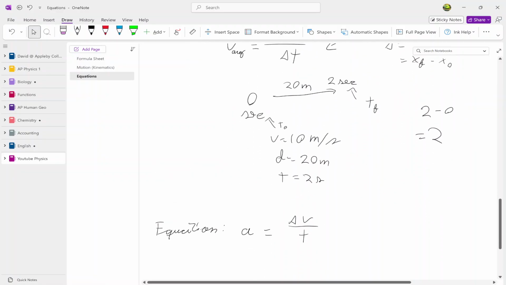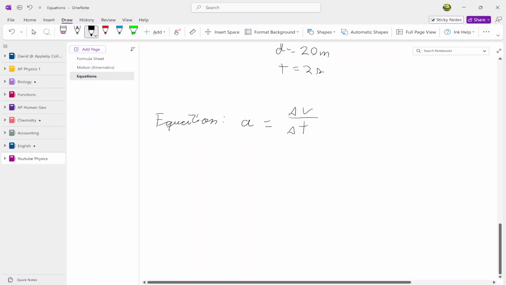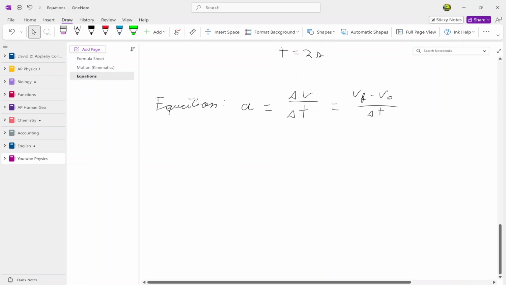It's very similar, and you'll see that a lot of the equations tend to be similar in a sense. This can be rewritten as v final minus v0, over delta t. And remember, if we're starting at 0, delta t just equals the final time.